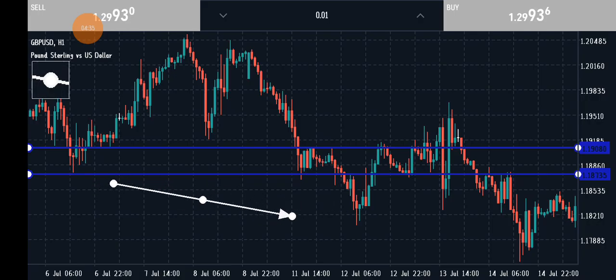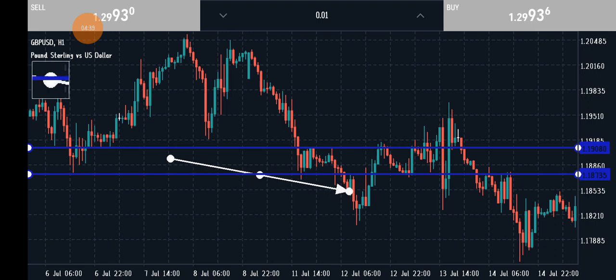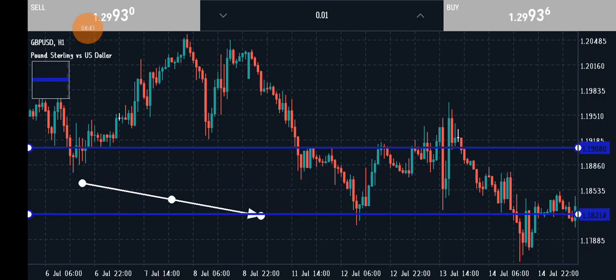When the market broke out towards this downside, we didn't see the market coming back towards this environment, so we could reshape it immediately.